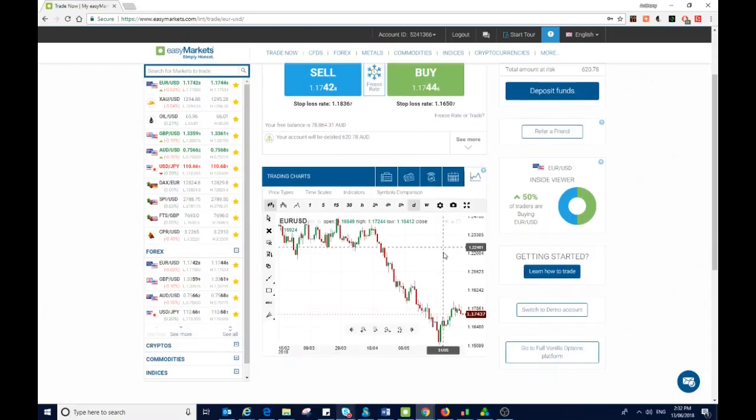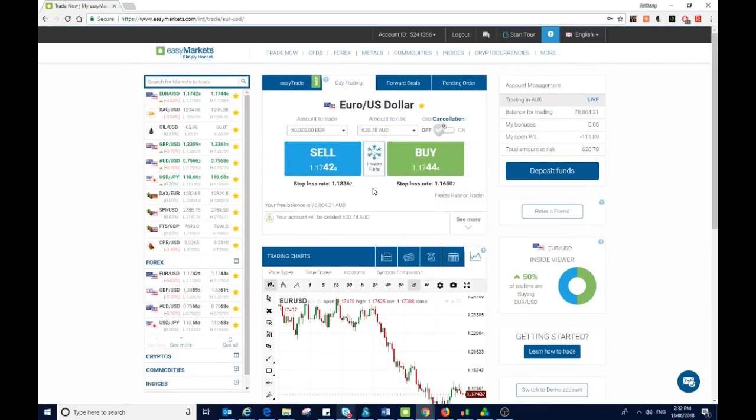If the market was to go higher by about the same amount, so around about 90 pips there, then you would be making $620. So it's a medium-sized trade in trading world, but it's definitely by no means a large trade.